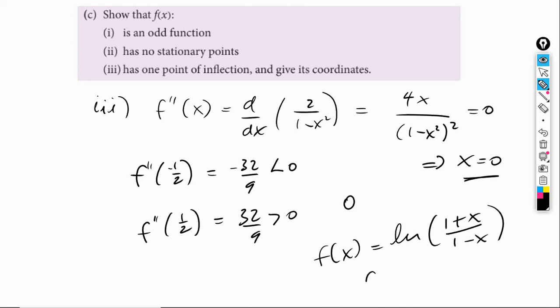So if we plug in 0, we're going to get natural logarithm of 1. But natural logarithm of 1 is 0. Therefore, the inflection point is at 0, 0.